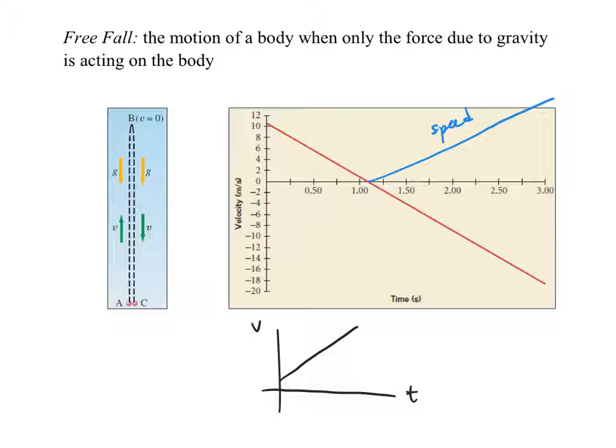The speed technically can never be negative. Remember we talked about speed. So on the way down, although its velocity is becoming more negative, we would use the phrase, it is speeding up. It is speeding up in the negative direction. It is getting faster in the negative direction. Its velocity is becoming more negative.